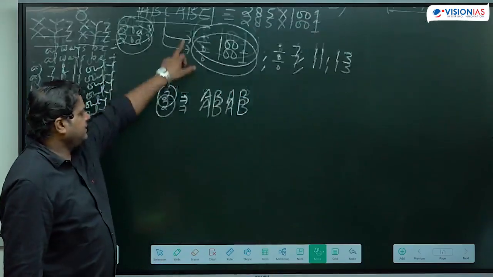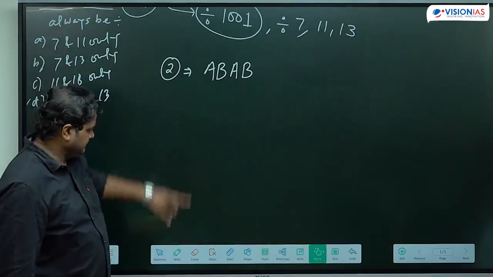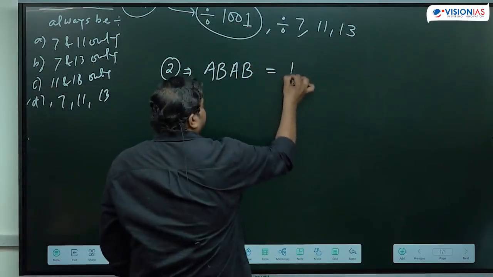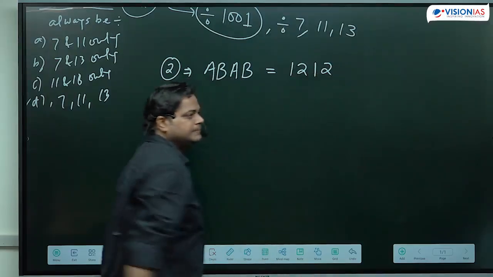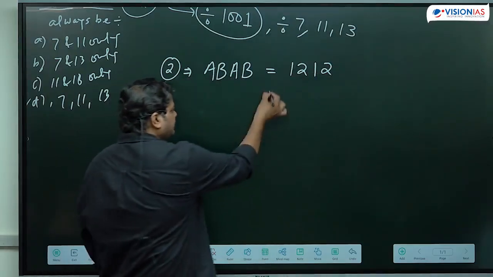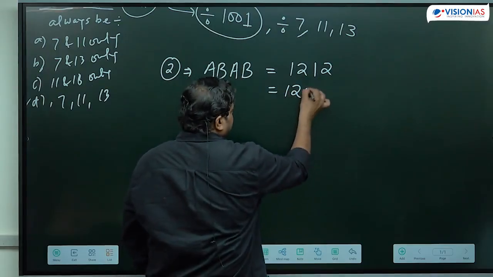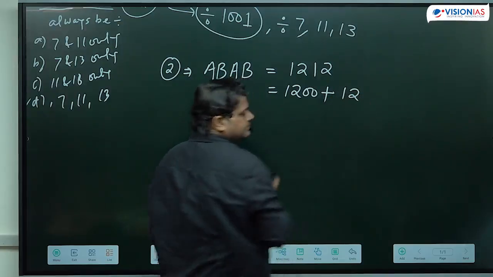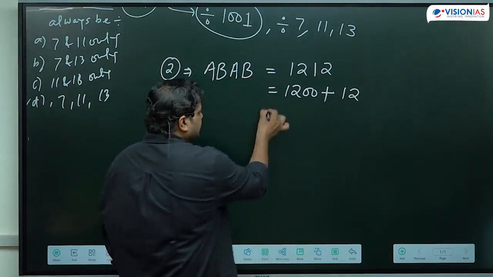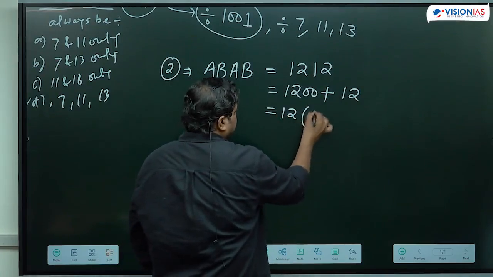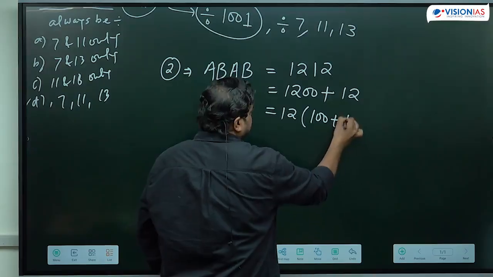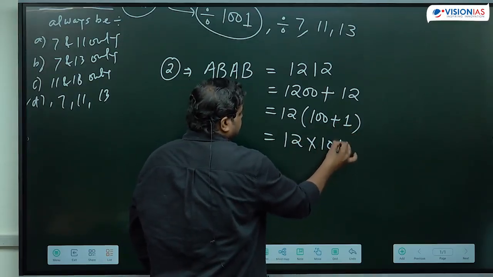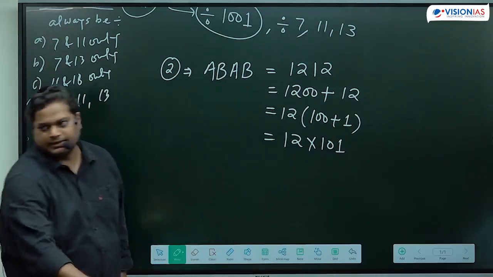Then we can check for this AB AB. आप लोग बताओ. We can take any example, like 1 2 1 2. इसको we can write 1200 plus 12. Same number. We can take 12 common, 100 plus 1. That means 12 into 101. है ना?